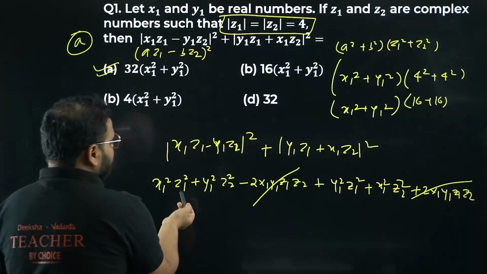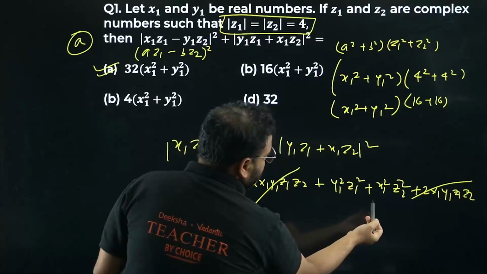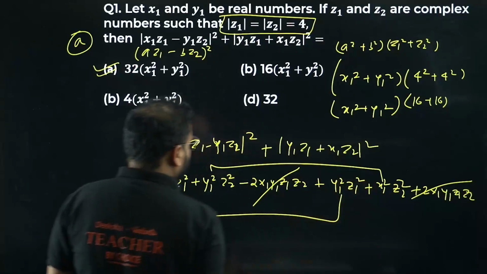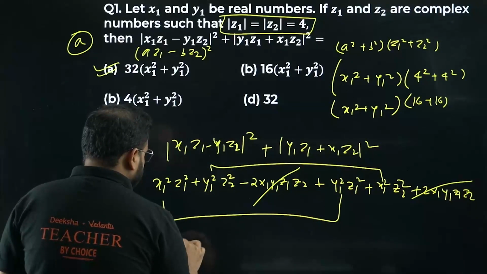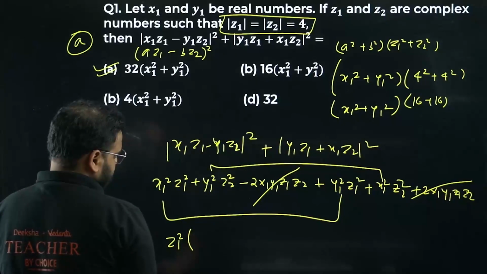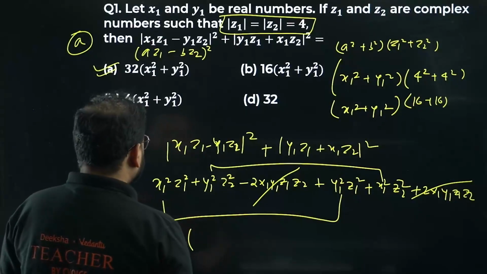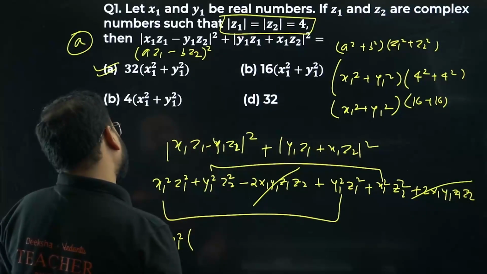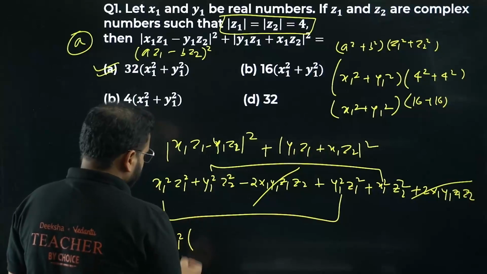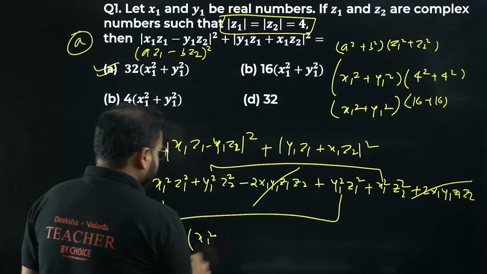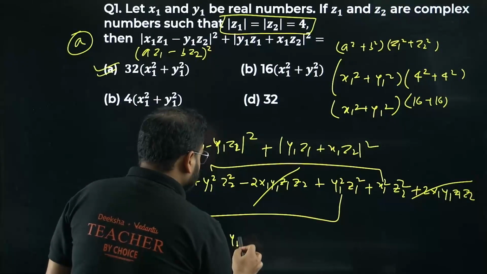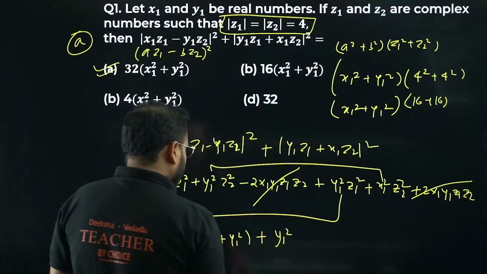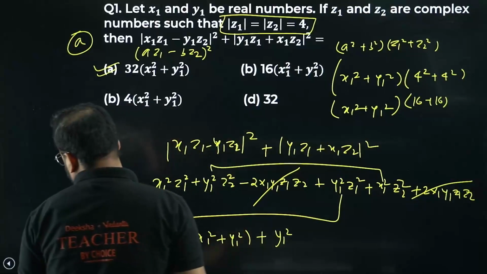If you take this common, you have x1 and you have z1 over here. Club this together and club these two together. You get this as z1 square times of, please check, you have x. I want to take x1 common. Do this, it will become z1 square times x1 square plus y1 square. And over here I'll have y1 square common, it will become z2 square.